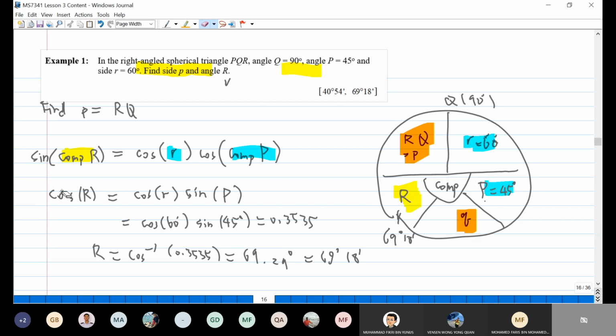This time I'm going to use the adjacent now.